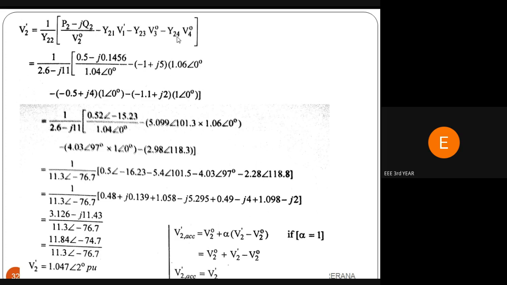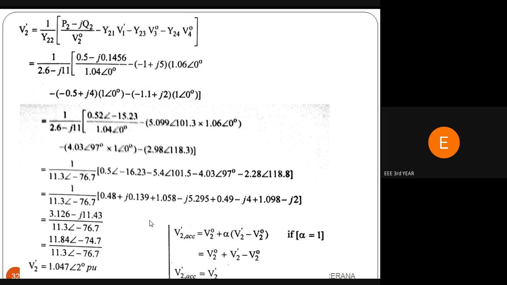Y24 is taken from the Y bus matrix, and V4 is 1. After substituting these values, we rearrange the equations by converting everything into polar form or rectangular form. Then the final answer we get is V2 new equal to 1.047 at an angle 2. Okay, this is the final value.